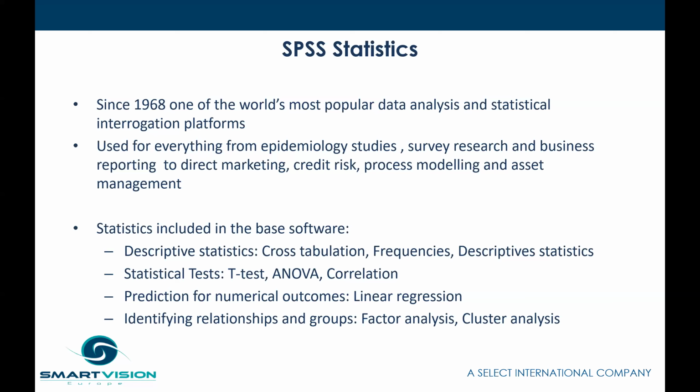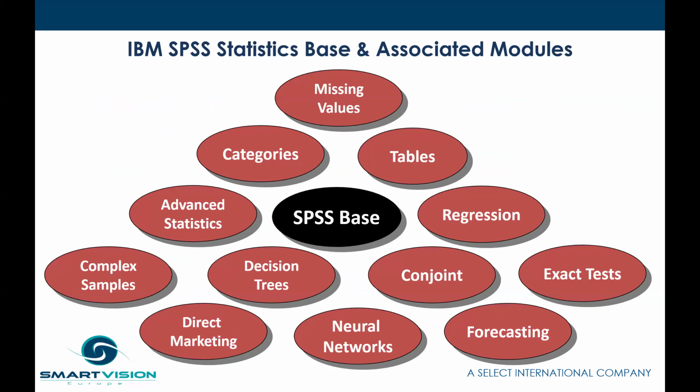That would all be in the basic stuff, identifying relationships in groups, such as factor analysis, cluster analysis, as well as a host of data manipulation methods, the ability to integrate with third-party routines that you can call from R or Python, and the ability to do a lot of charting and to export your results in different formats to different third-party platforms.